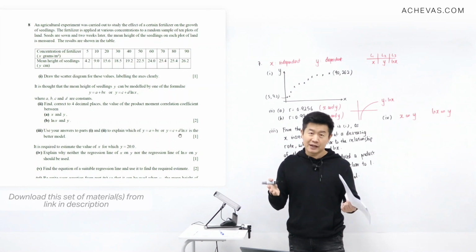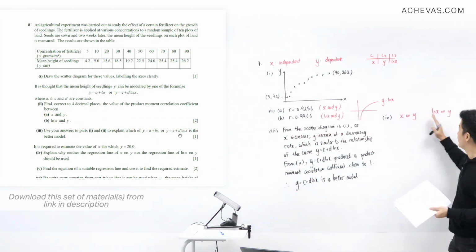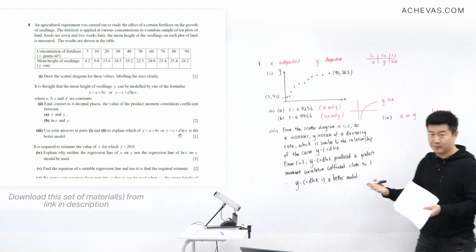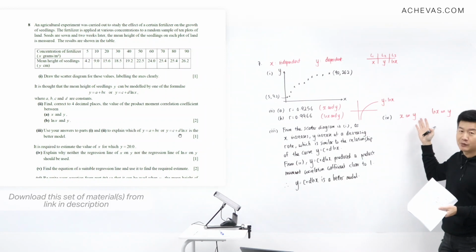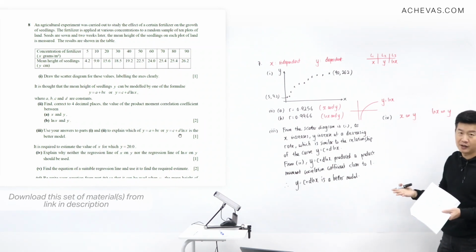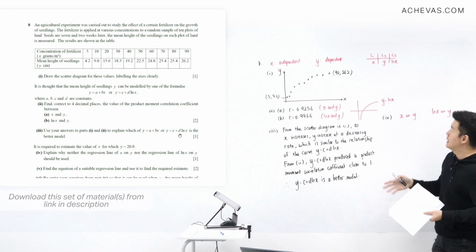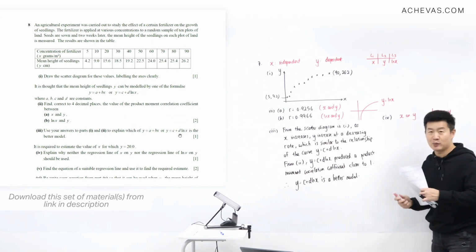By right, theoretically, having x on y or ln x on y seems better, because these two relationships are meant for predicting x for the given y. Okay, but then which is the independent and which is the dependent?